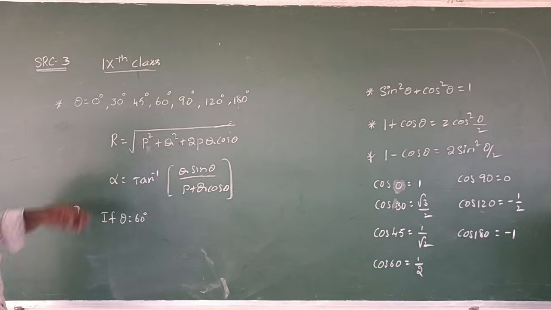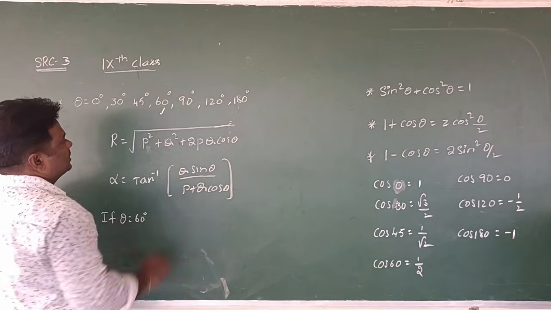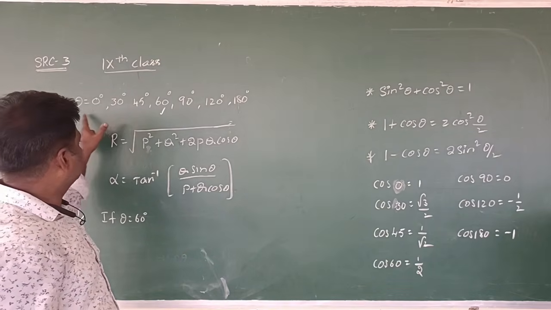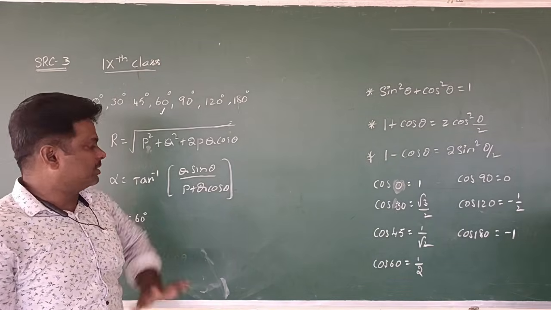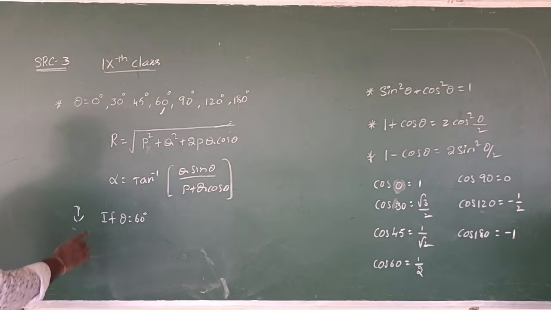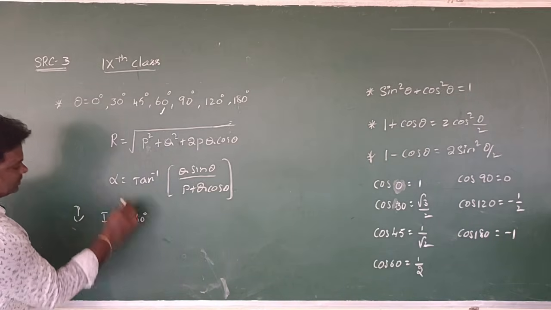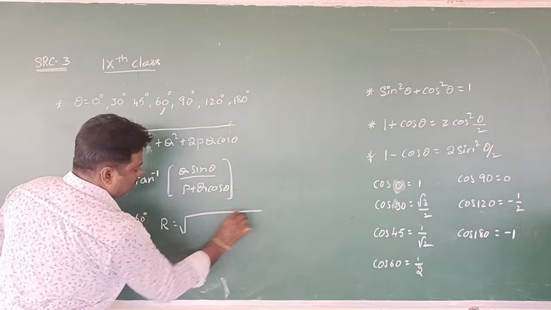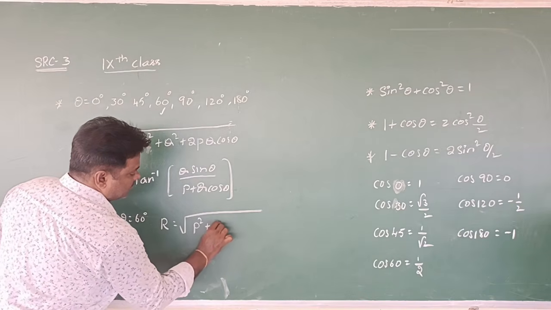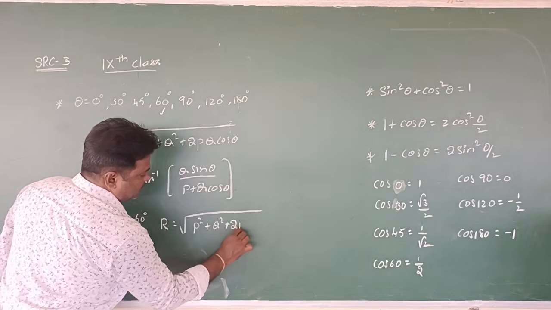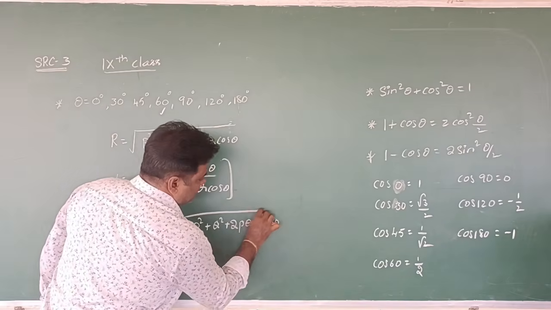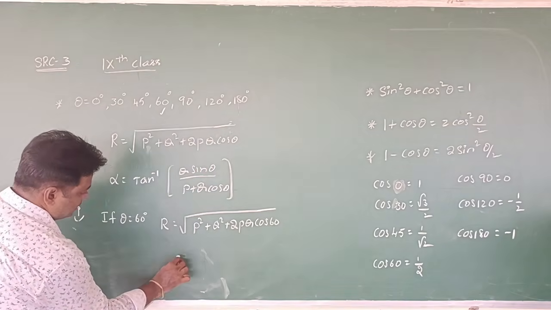Now, for 60 degrees, I will do the application. You just do your practice for the remaining six angles. If theta is equal to 60 degrees, then R is equal to root over P square plus Q square plus 2PQ cos 60.